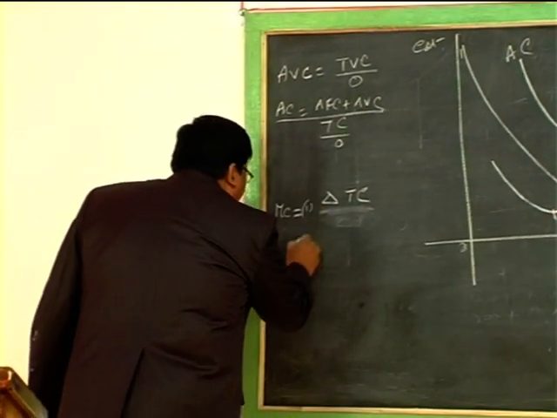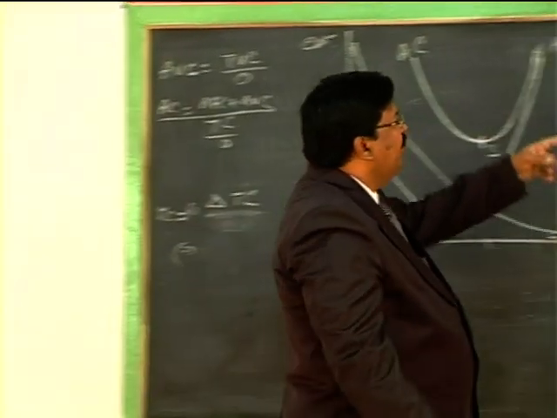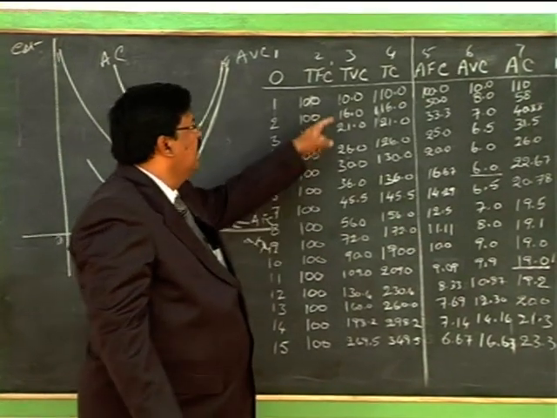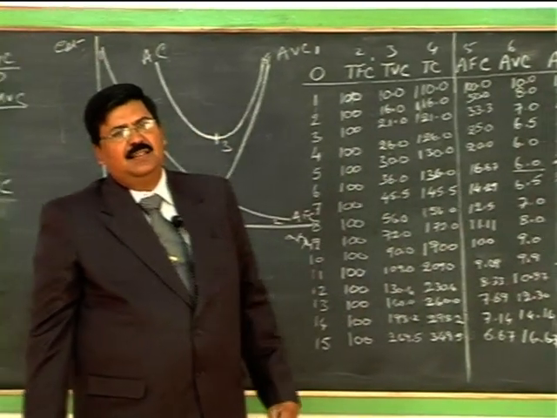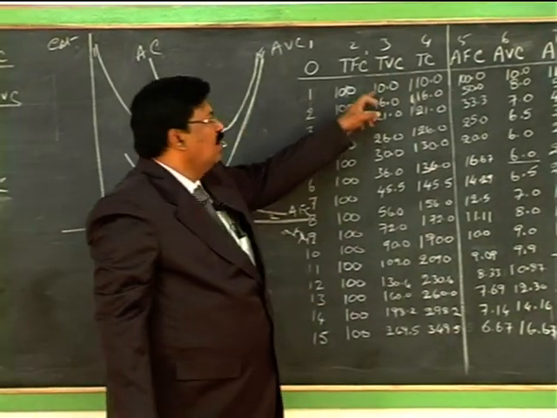There is another way of calculating marginal cost. We know that total changes only because of total variable cost. Total cost changes because of change in variable cost, because fixed cost remains constant. So you can also calculate by taking the change in total variable cost.